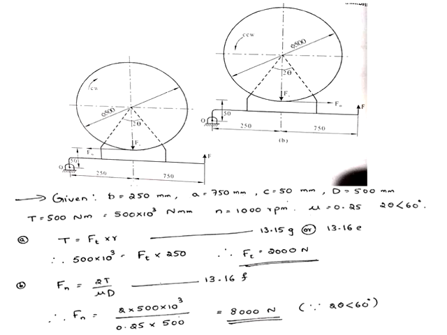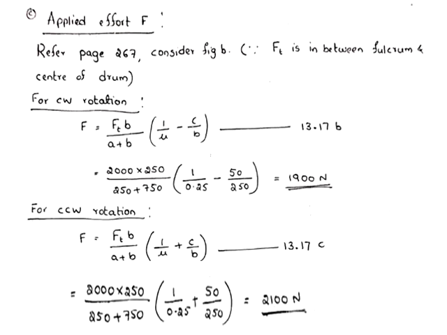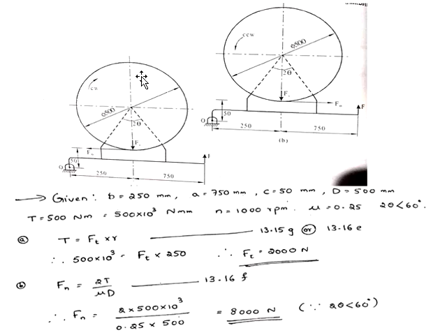The third sub-question is, you have to find out the applied effort. For that you have to refer to page number 267, diagram B, as I already told. Consider figure B because Ft lies in between the fulcrum and the center of the drum. Then identify which equation to be used. First we'll consider clockwise rotation. In clockwise rotation, the direction of rotation and direction of force are opposite to each other.